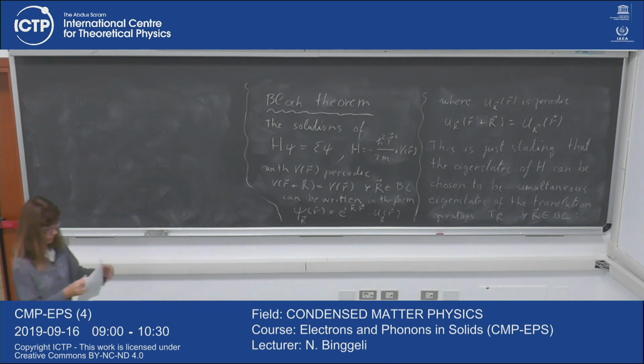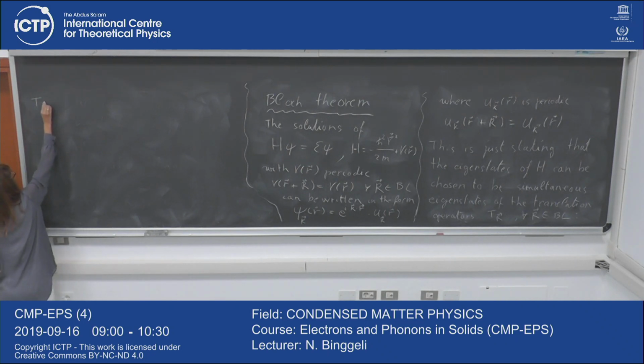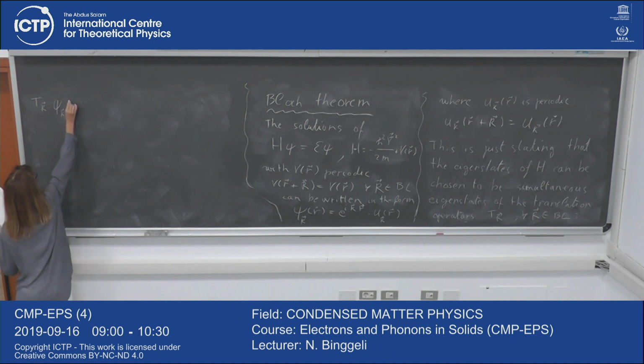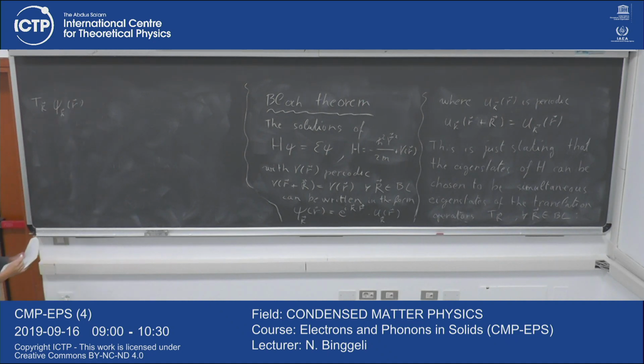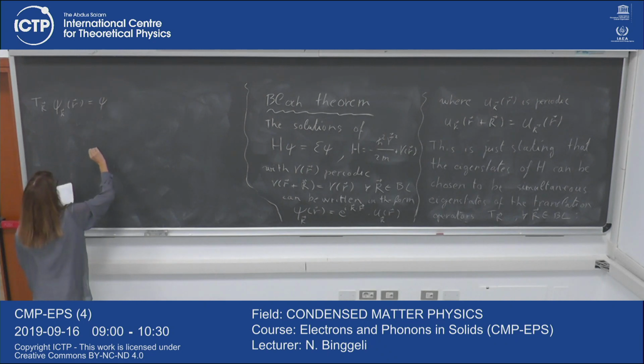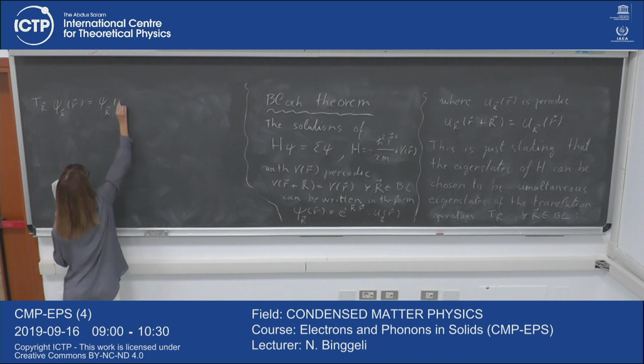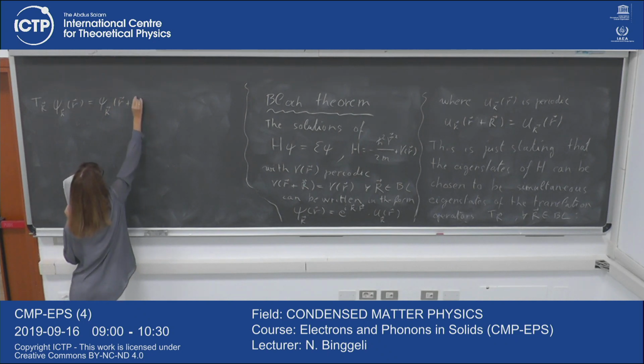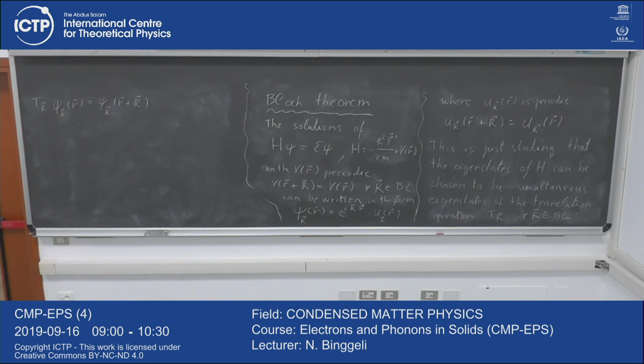So one can show this. If I apply the translation R to a Bloch state, psi k of r, by definition the operator T R changes psi k of r into psi k of r plus capital R. This is my definition of the action of this operator on any wave function.